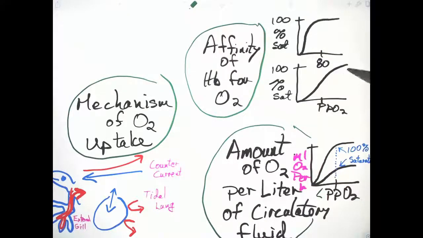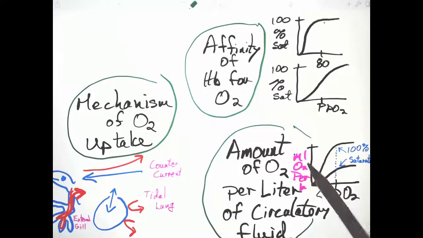The second is how tightly the hemoglobin holds on to oxygen, with very high affinities, picking up oxygen easily and releasing it only in areas of very low partial pressures of oxygen, versus curves in which it's not as easy to pick up oxygen, but it's easily released in areas of low partial pressure.